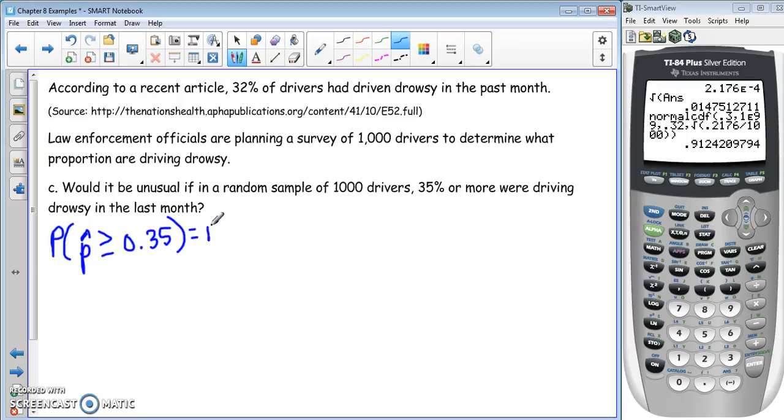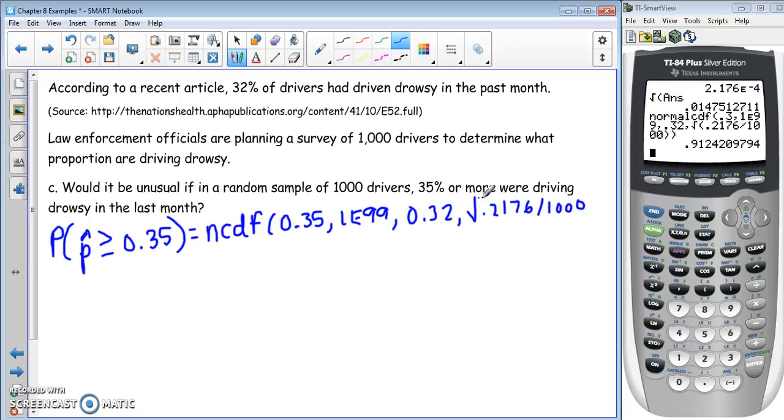Again, normal CDF, 0.35, 1 E99, our mean of 0.32, and then our standard deviation, the square root of 0.2176 divided by 1,000. Let's see what we get.